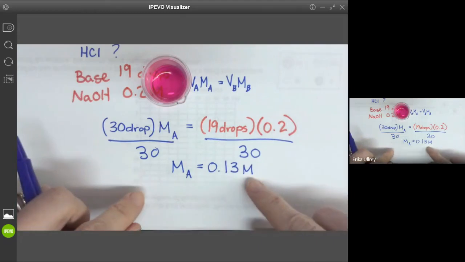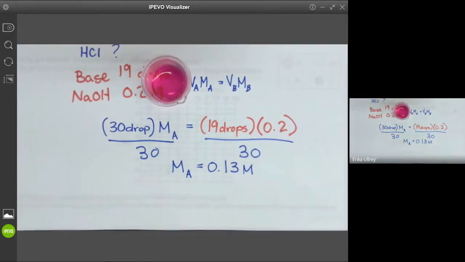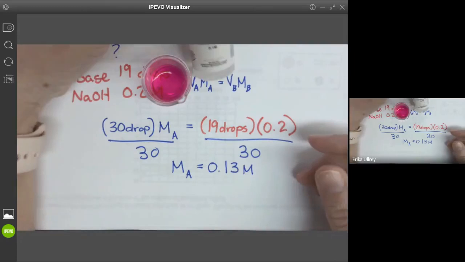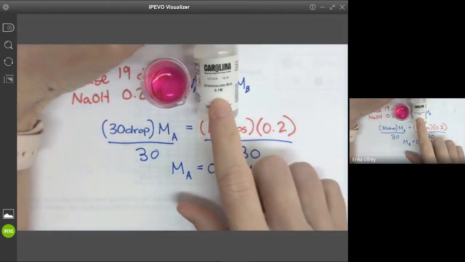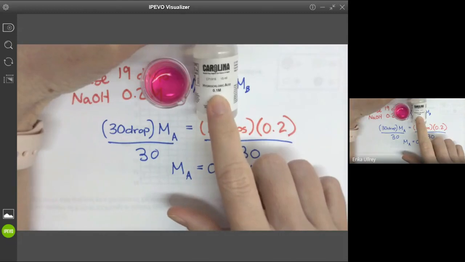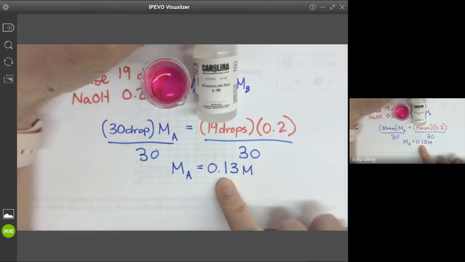And so we ended up with 0.13, and I will show you on the label of the acid. So I actually do know the concentration of this. If we look, that's not so bad. The actual concentration of the solution was supposed to be 0.1 molar. And so if we round for significant figures, 0.1 molar, we got pretty darn close, right?